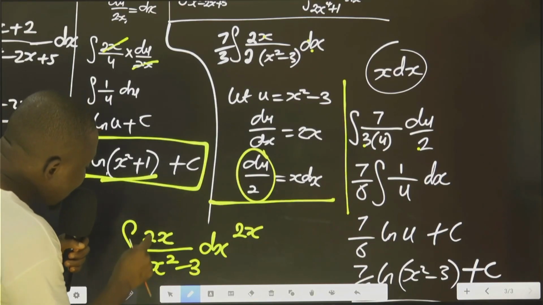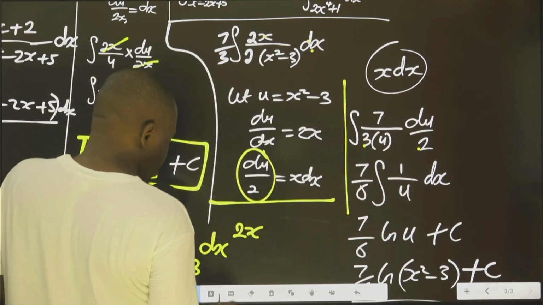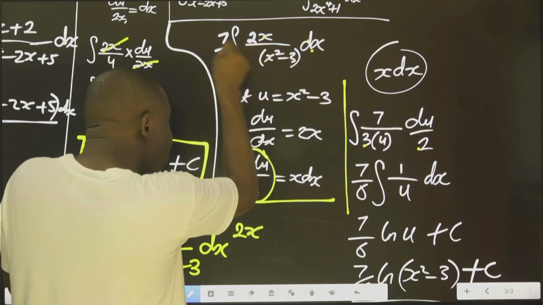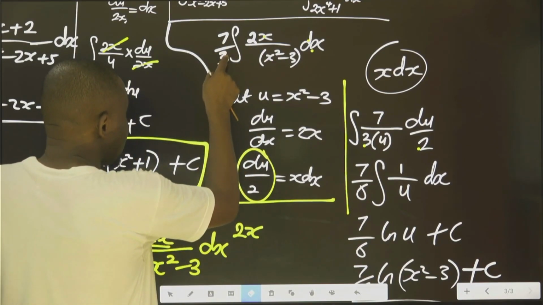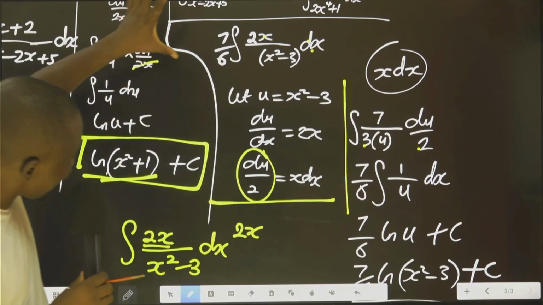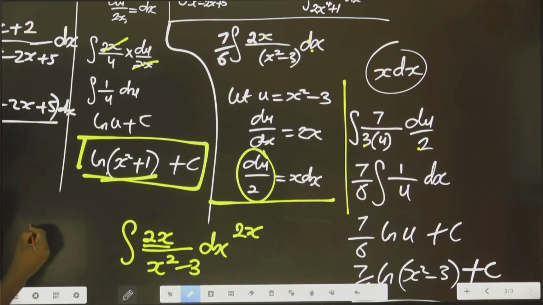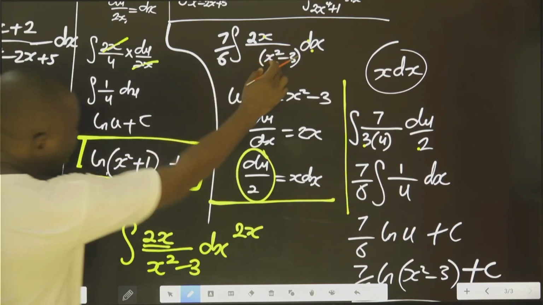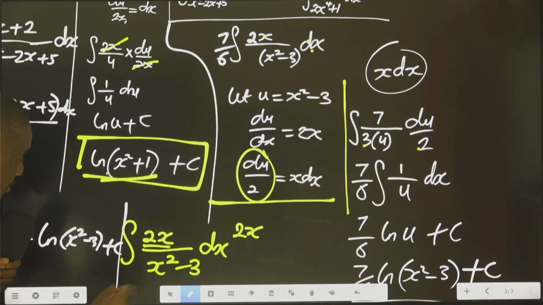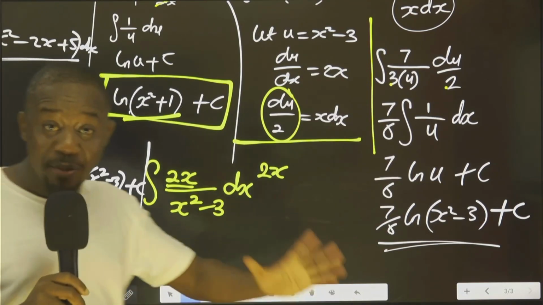Because I am interested in this, I will keep these and bring out this second 2, and join it with this one. The 2 that I remove here, multiplied by this, will give me 6. I will do all this in my head. Now, I have a perfect situation. So with this, I will simply do 7 over 6 ln of the denominator plus c, which is the same thing with what you saw there. That is the way I will manipulate it.